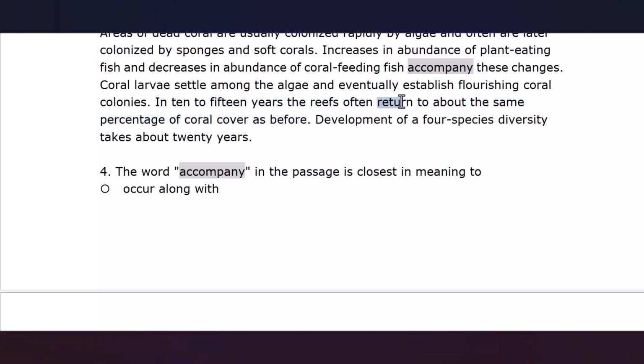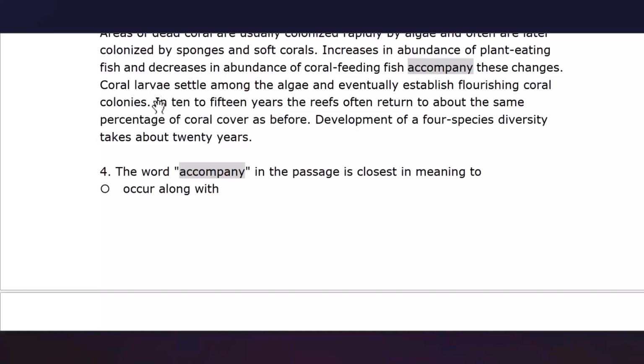The main verb here is return, and the whole sentence talks about how much time it actually takes for the negative effect on coral cover to be reversed. It takes 10 to 15 years. That's a huge amount. About here means nearly or almost. About has different meanings, and one of these meanings is almost or nearly.